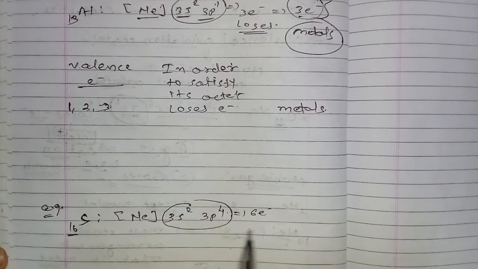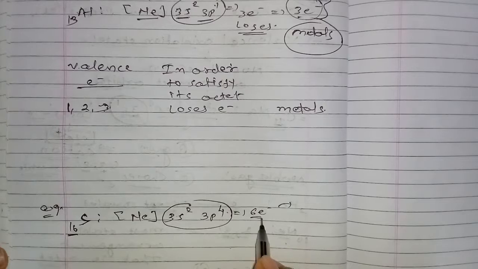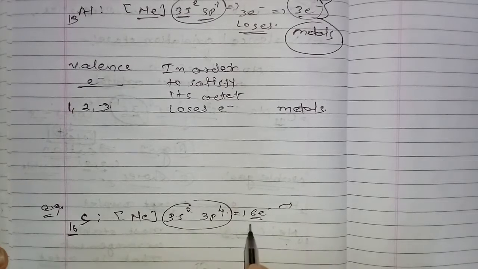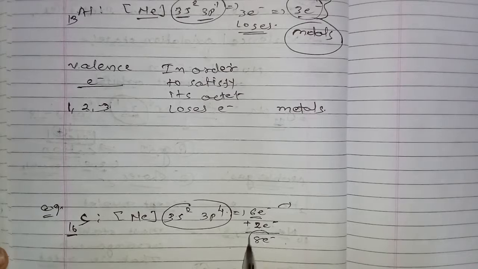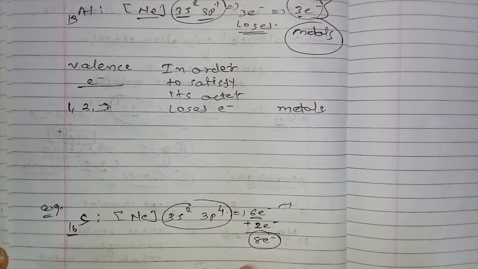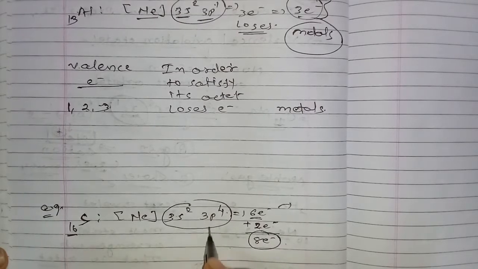To complete its octet, either it loses 6 electrons or it gains 2 electrons. It easily gains 2 electrons, and it completes its octet like argon.